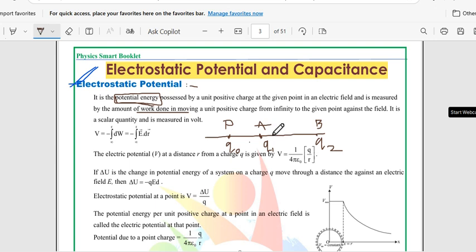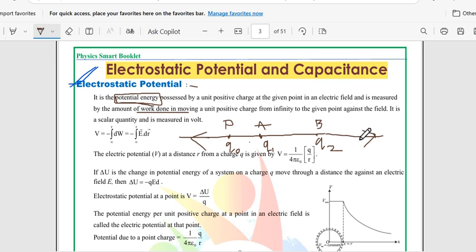Now, suppose the work done in bringing a unit positive charge from infinity. These lines are up to infinity. Work done in bringing a unit positive charge from infinity to that point against the electric field.